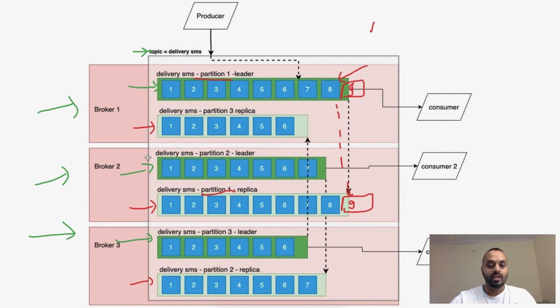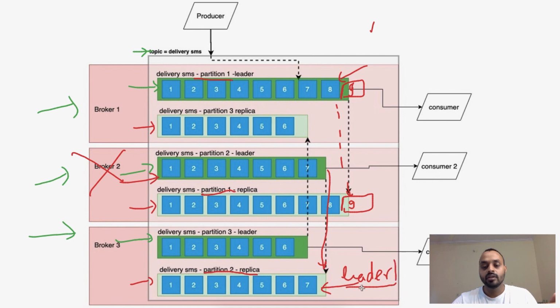Every one of these leader partitions is replicated. Let's assume the scenario where this broker dies. Do we lose the data? Let's see. This broker has the leader for partition 2, and we have the partition 2 replica here. So this partition 2 replica will become the leader.